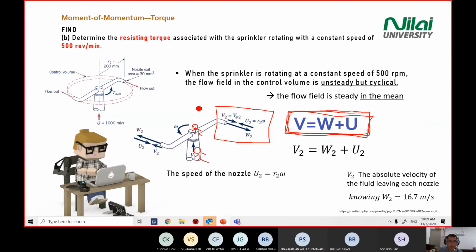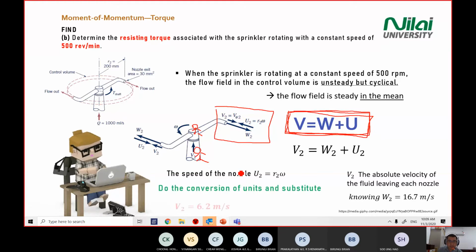Now U2, how do we calculate? Based on R times omega. U2 equal to R2 omega. R2 is given. Omega is given in revolution per minute. Again, change this to revolution per second. And then 1 revolution equal to 2 pi, you need to change to radian. All right. You'll get your U2, V2, sorry, V2. V2 equal to 6.2 meter per second.